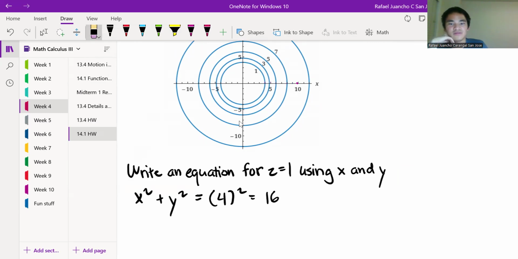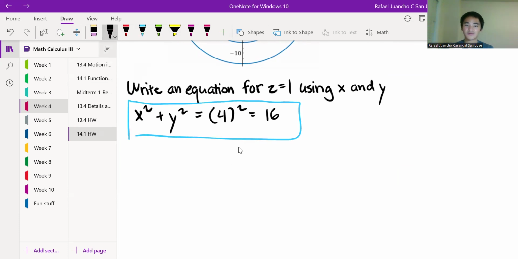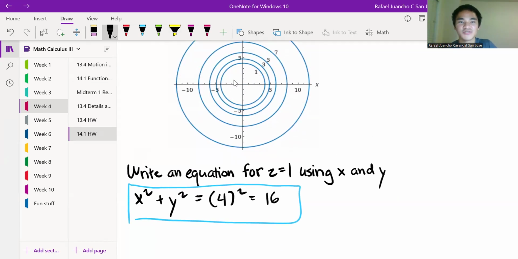So it's by 1. So I just counted. Anyway, that's my idea. So at z equals 1, my level curve is x squared plus y squared equals 16. So that purple thing I just traced is basically x squared plus y squared equals 16.